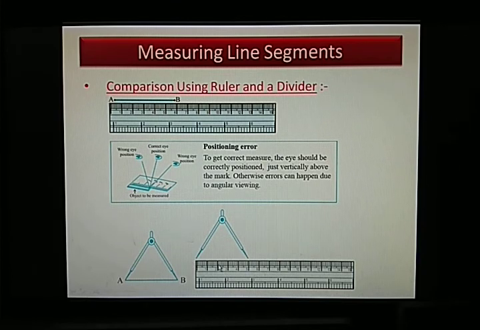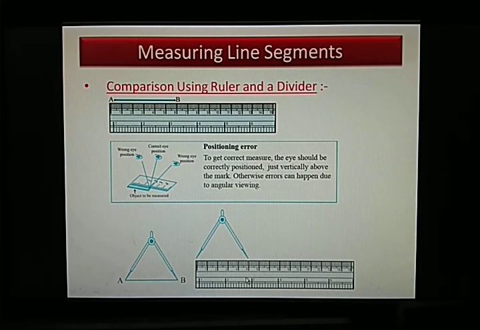Clear? And then we will place one end on the 0 mark and the other wherever it lands. Whatever measurement we get will be the correct length of the line segment.